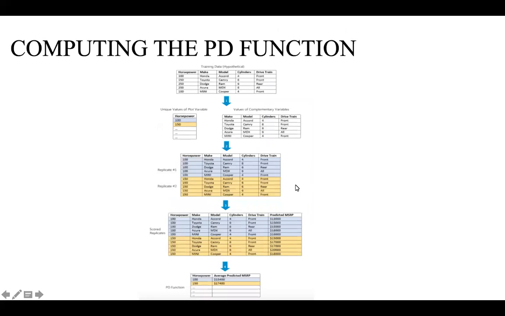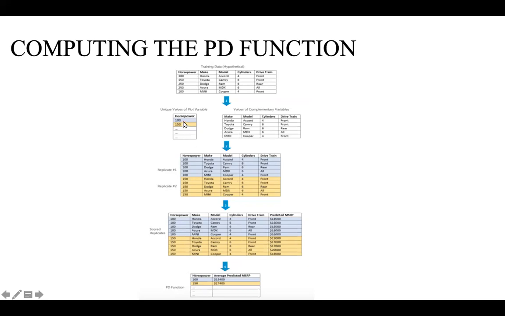So this is how these partial dependence plots are computed. Suppose this is the training data, and horsepower is the plot variable. We compute the unique values of that, and the others are the complementary variables, and we again compute the unique values for each complementary variable.